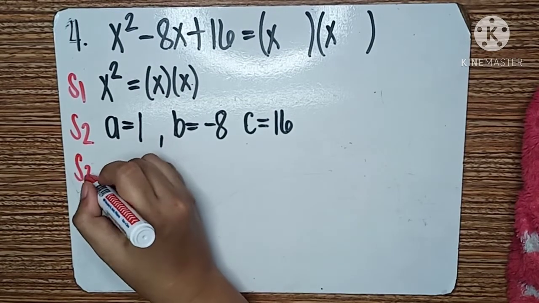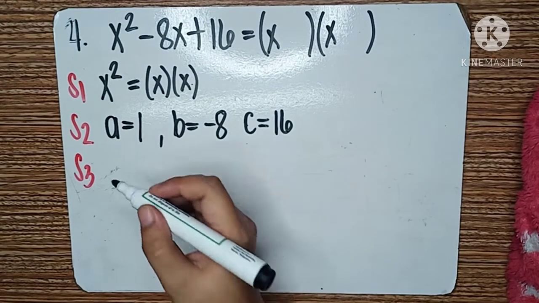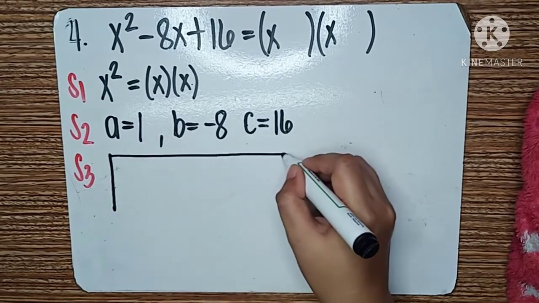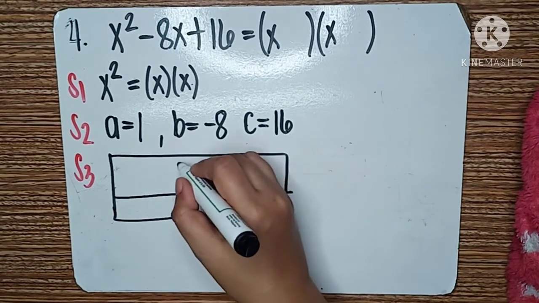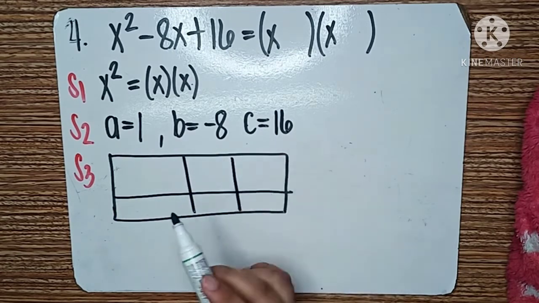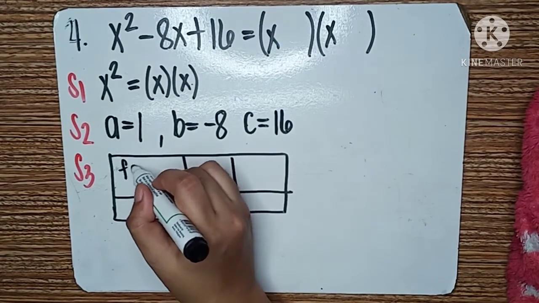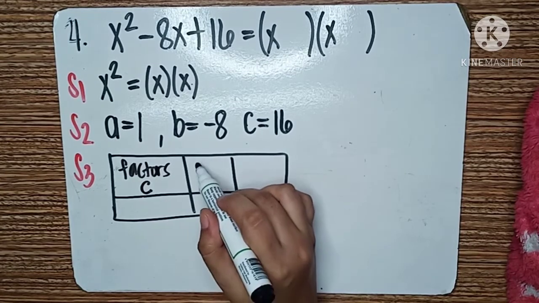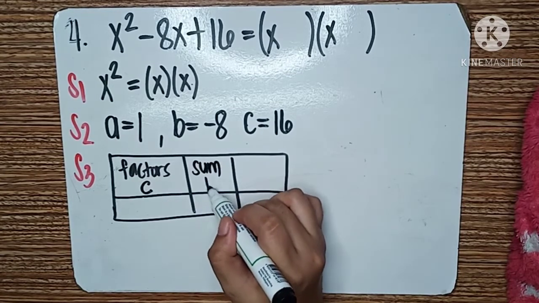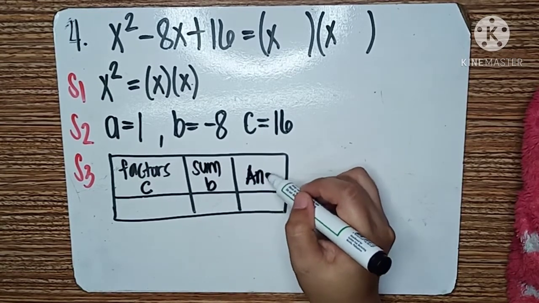Step 3. For step 3, we'll draw again a box with 2 rows and 3 columns. For the first box, we'll write factors of C. Second box, sum is B. And our answer.